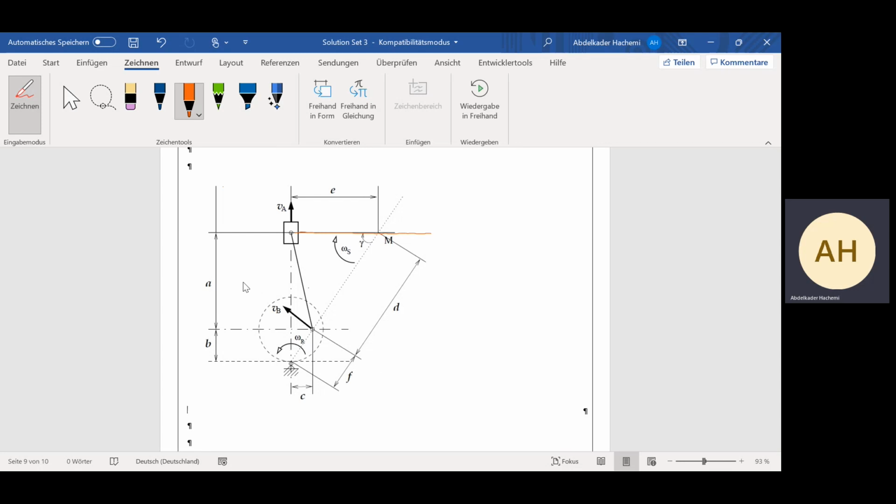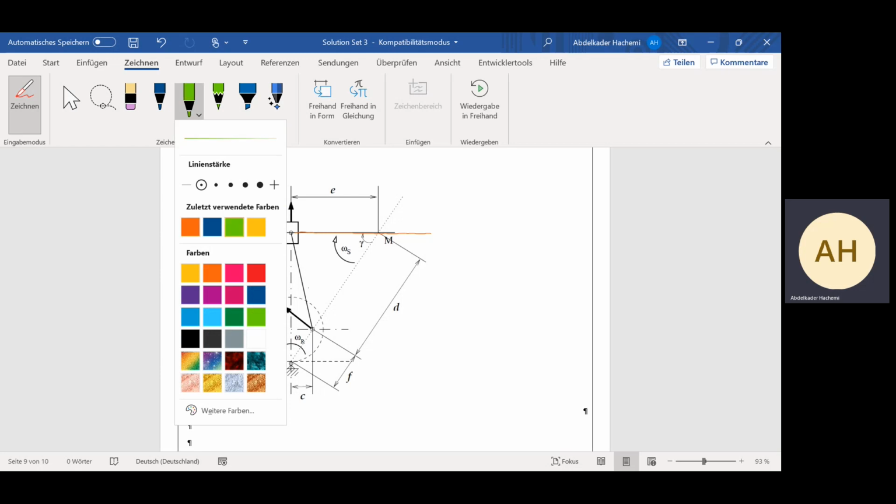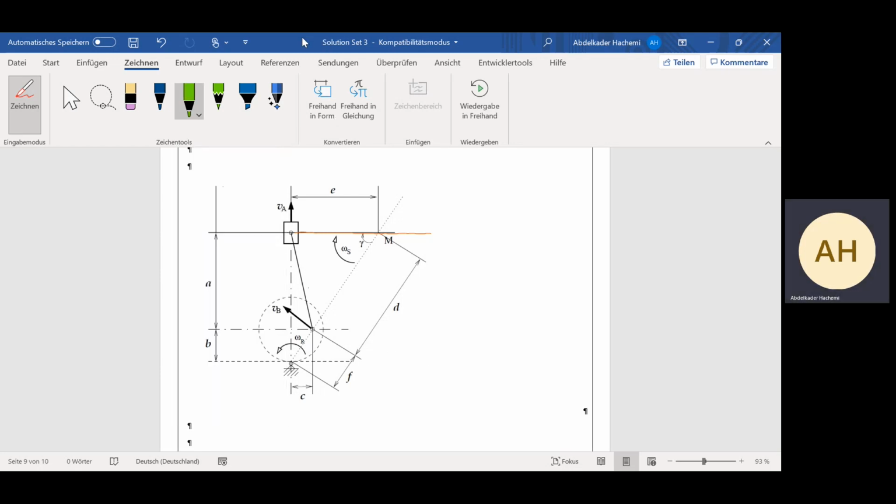The direction is given here, so now we can get the line perpendicular to this velocity VB, in this direction.